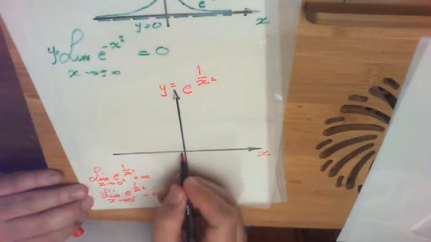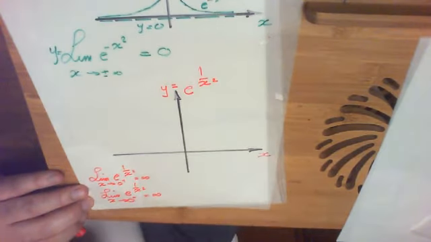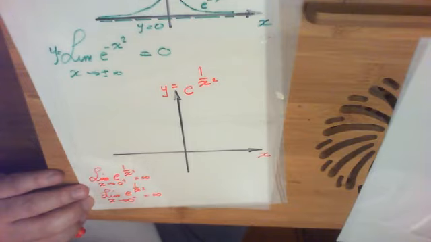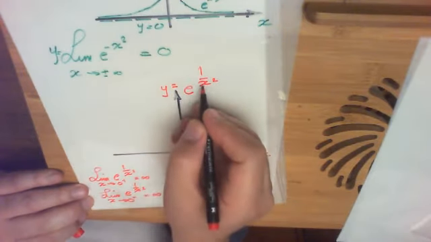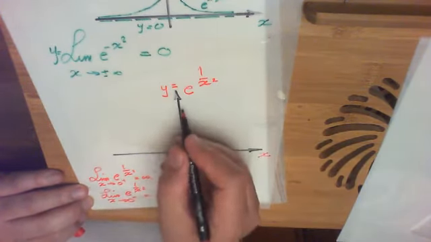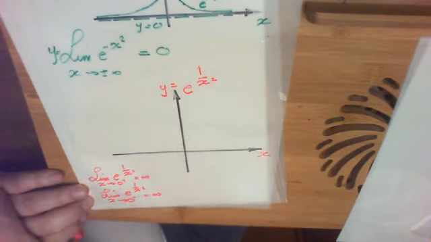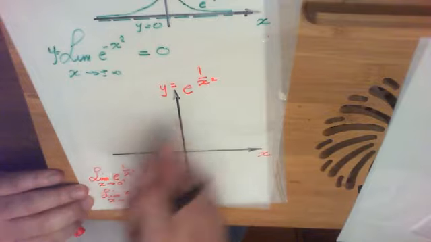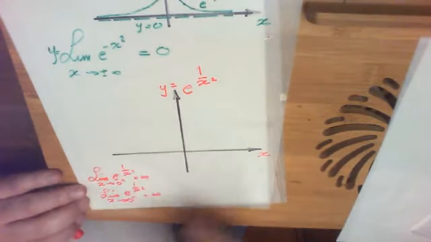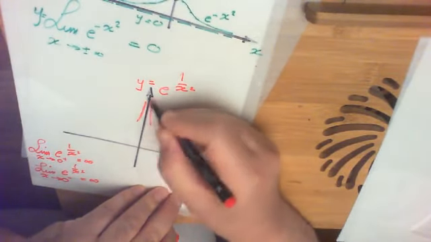At 0 minus, 1 over x is minus infinity. But we have 1 over x squared. When you square minus infinity, it is infinity. So either to the left or to the right of the y-axis at 0, the function goes to infinity.